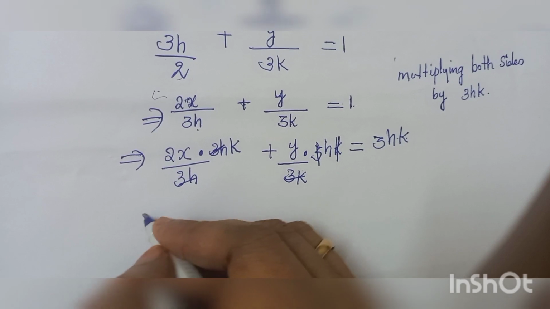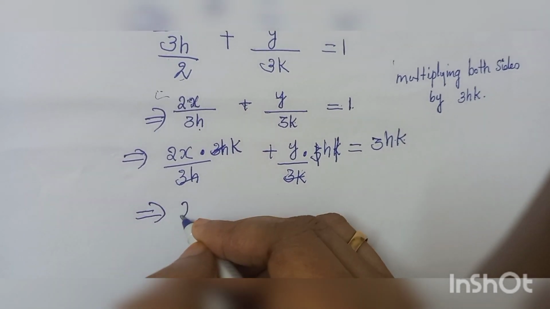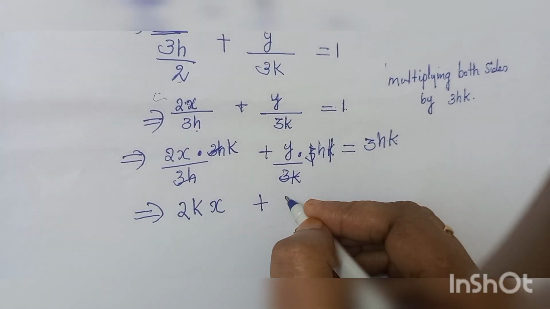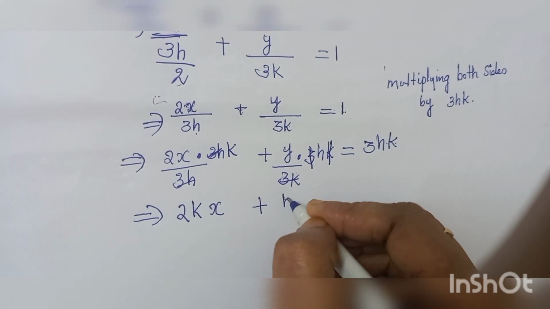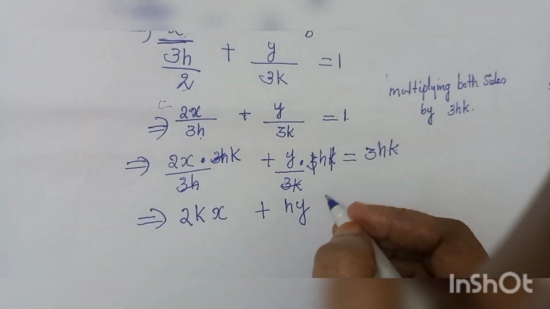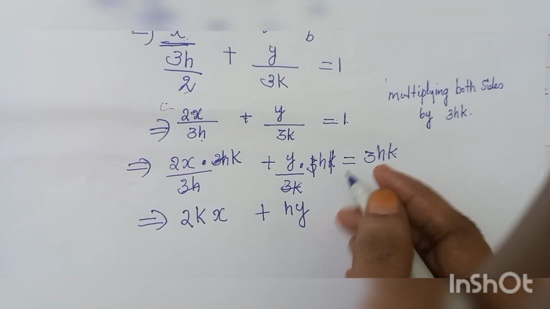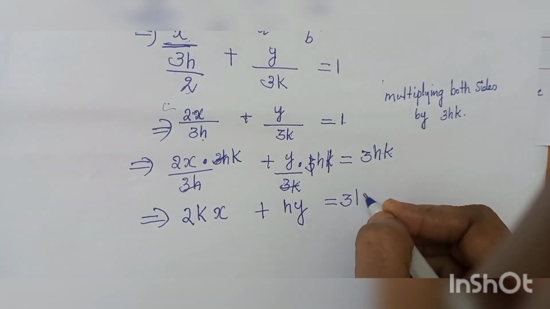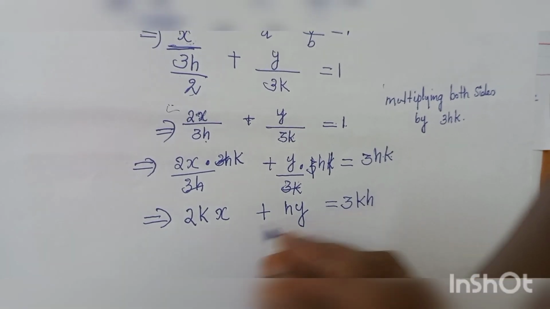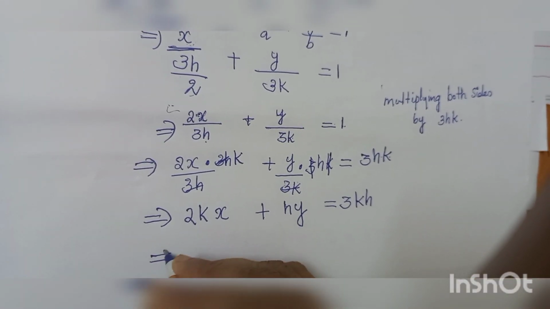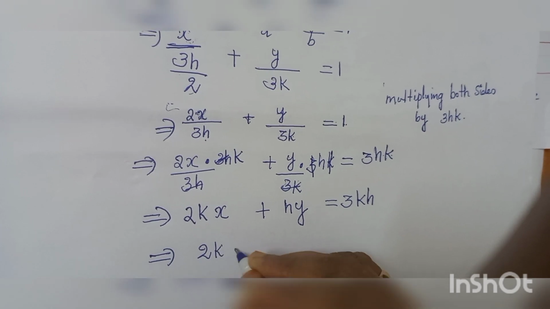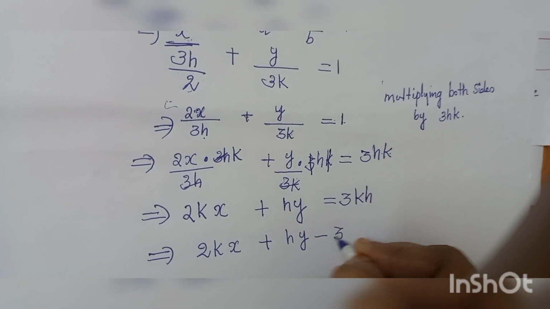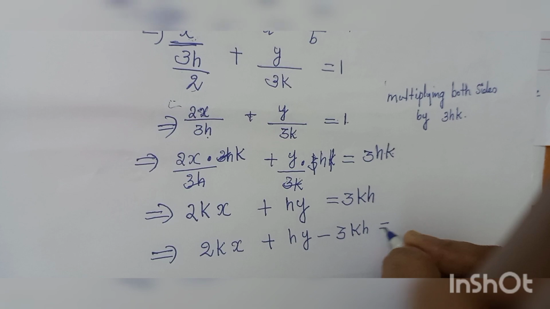Then we get like this: 2kx plus hy is equal to 3kh, which implies 2kx plus hy minus 3kh is equal to 0.